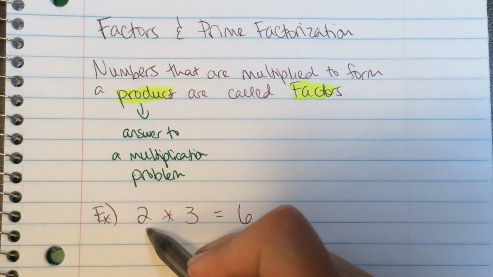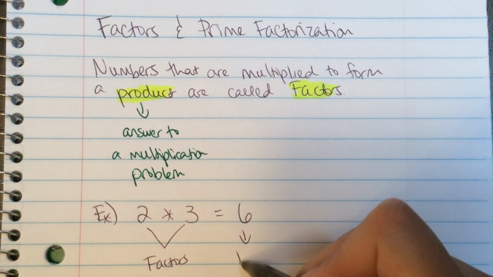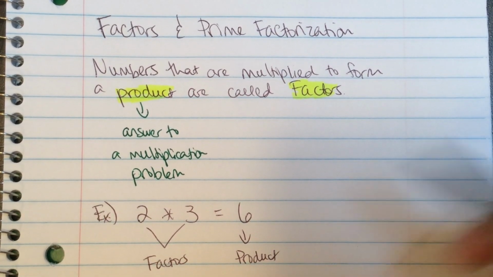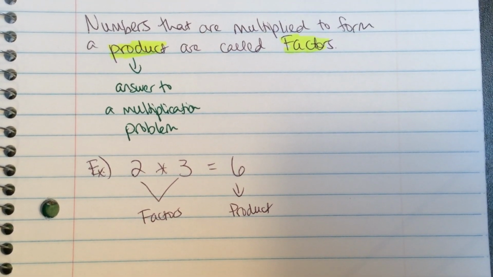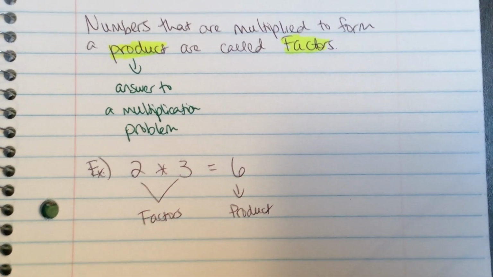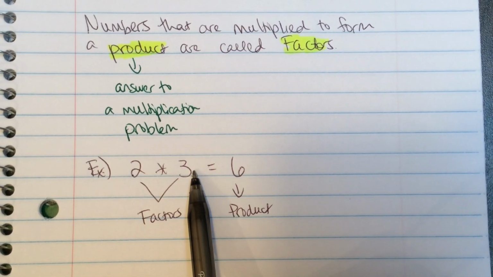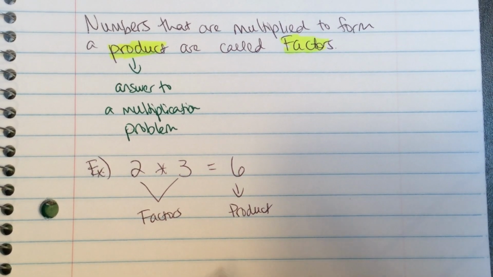Okay, 2 and 3 are your factors, and 6 is your product. So hopefully that clears that up. And we could have more than two factors. We could have 2 times 3 times 5, and then it would be 30. But I'm just showing you here two factors, and their product is 6.